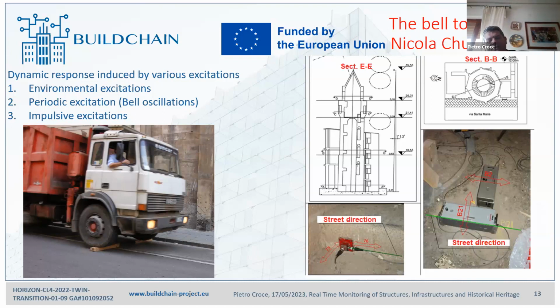In this case, we have a loaded lorry running very fast on the street, and then a step that you can see here induces an impact of the lorry on the street, and consequently it excites the bell tower.